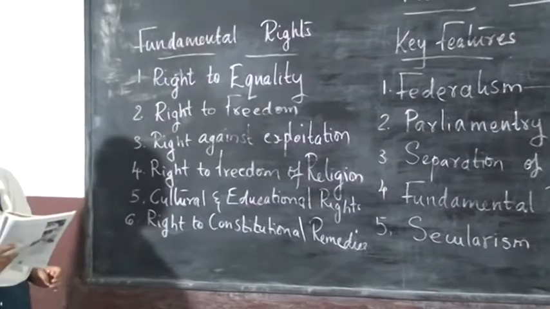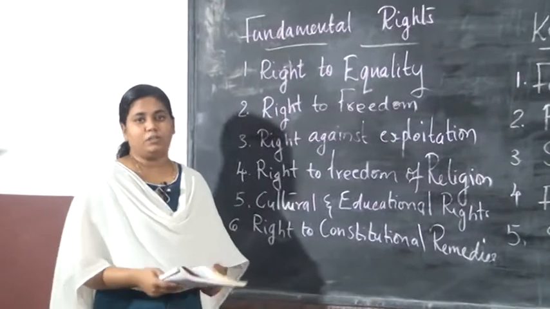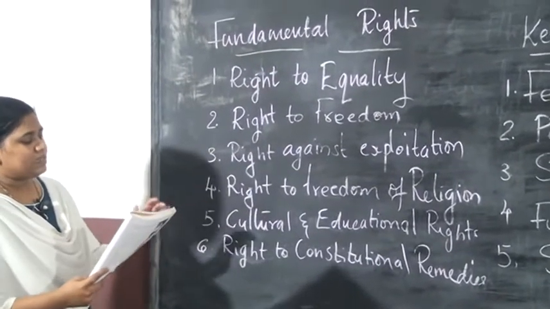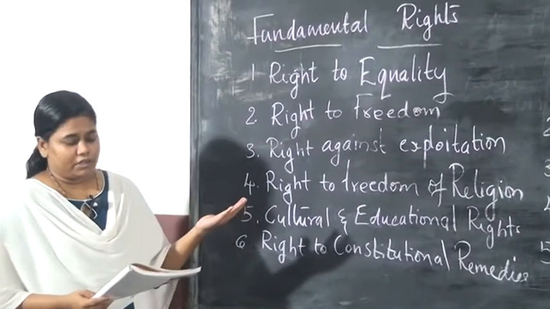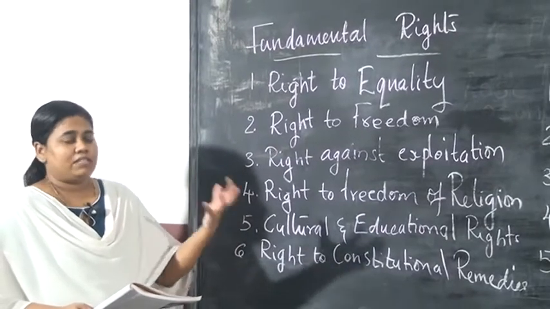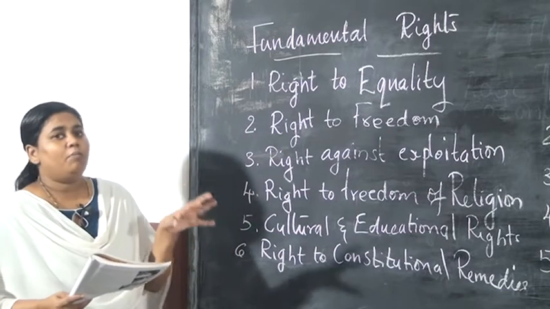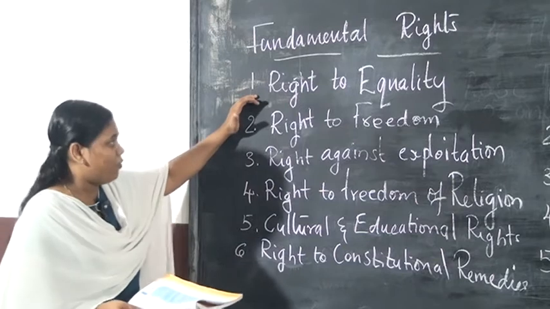What is right to equality? All persons are equal before the law. This means all persons shall be equally protected by the law of the country, irrespective of caste, creed, gender or sex. The law protects all. That is the right to equality.